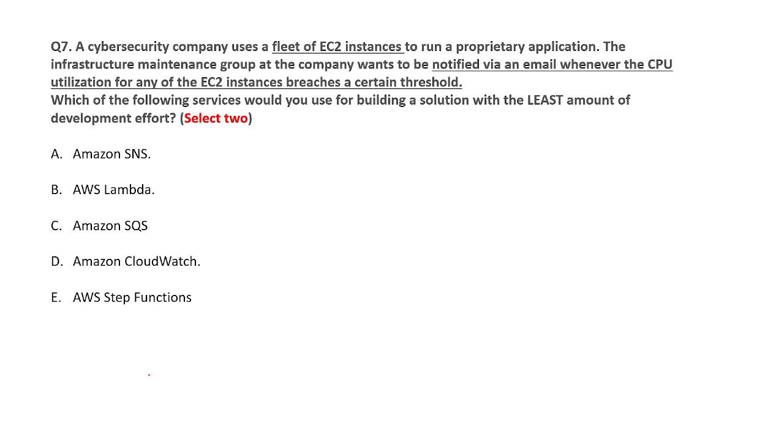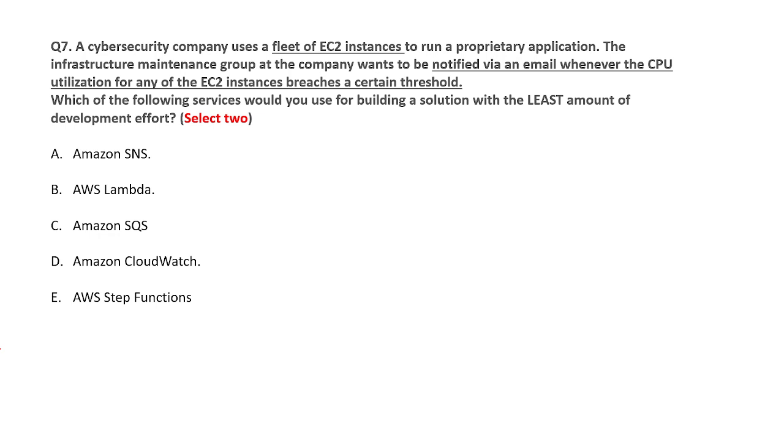They clearly mention they want a notification via email whenever CPU utilization goes high or breaches the threshold value. In the question they ask: which of the following scenarios would you use for building a solution with the least amount of development work? Following are the options, and we have to select two.